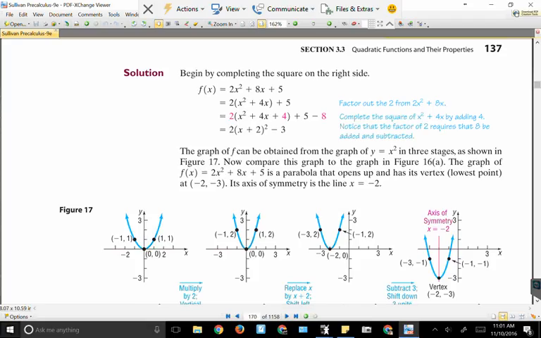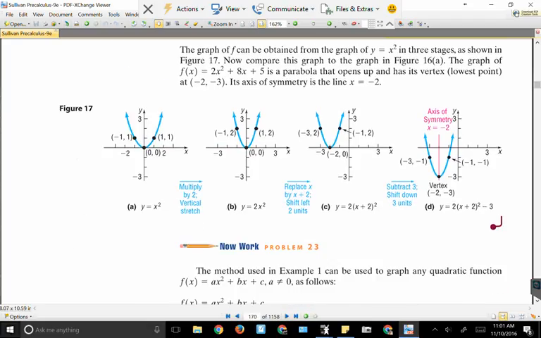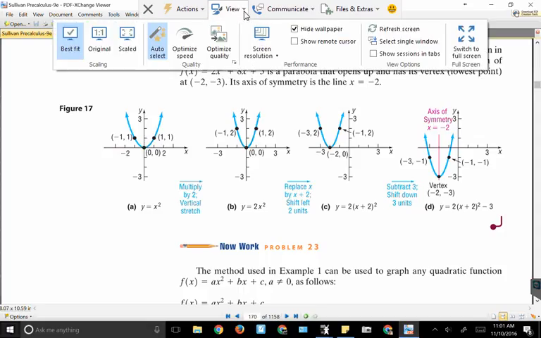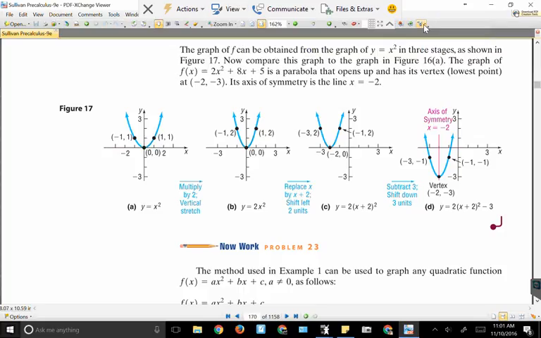Well, that's always our H comma K. That's going to be the vertex, wherever it is. So this one here was moved to negative 2 comma negative 3. So when I'm looking at this right down here, this is going to be my H comma K. I know that it's been moved that far.